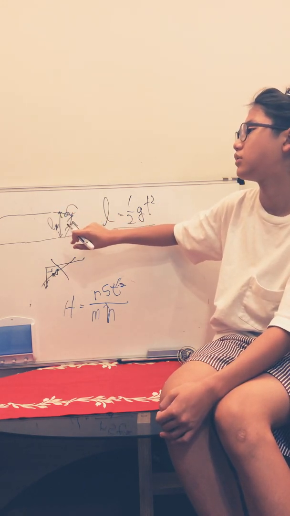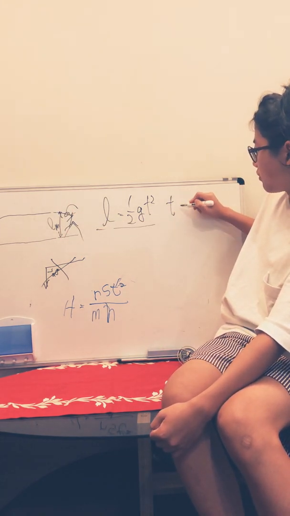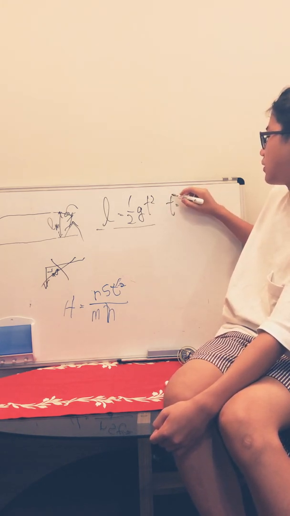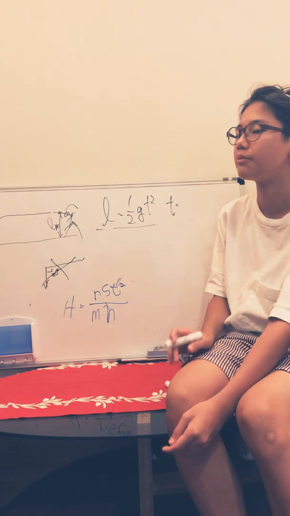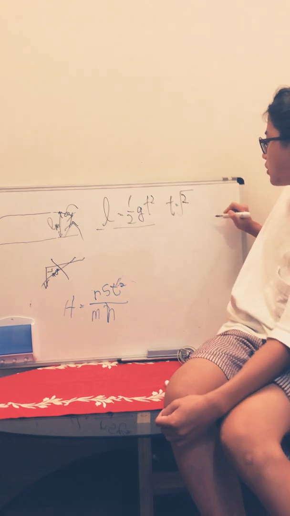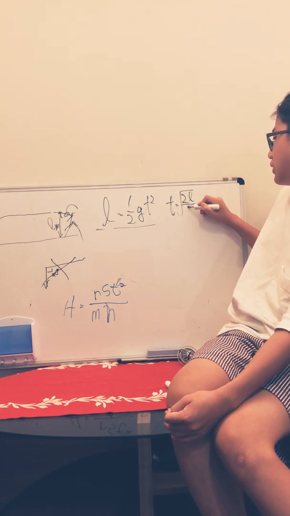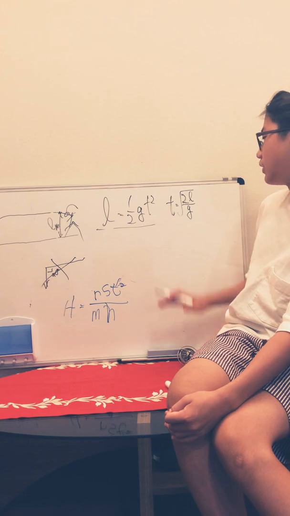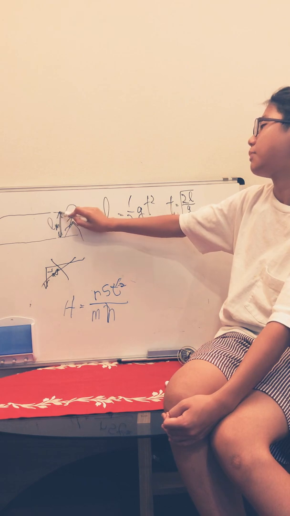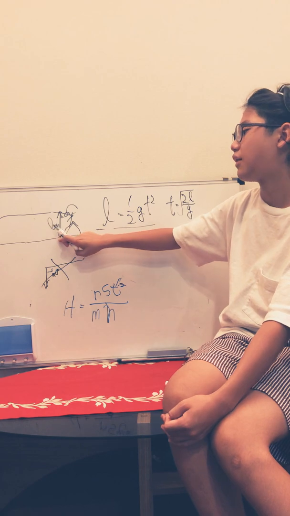So making t the time, making the equation of time, t equals root of 2 times L divided by G. And this equation represents the time passed for this height to the ground.